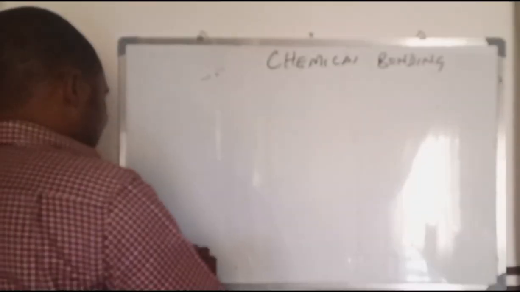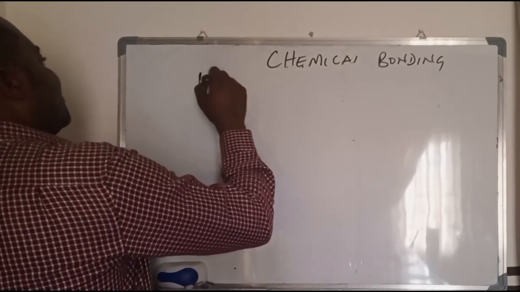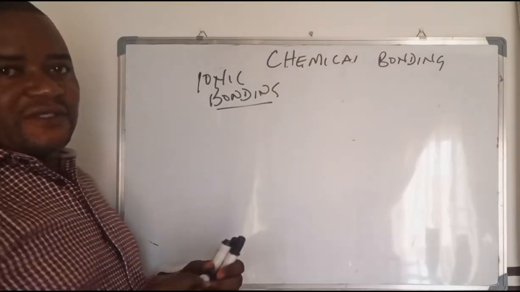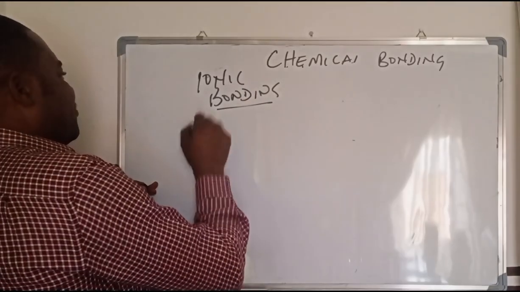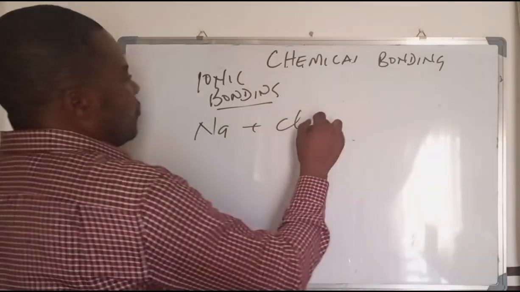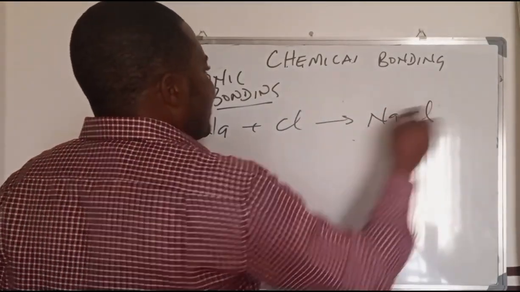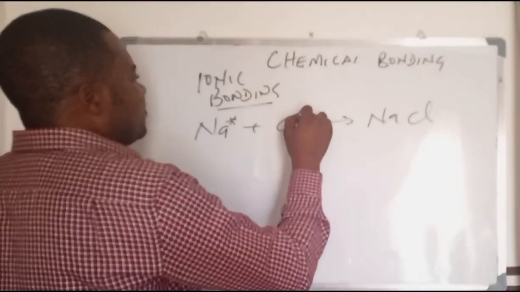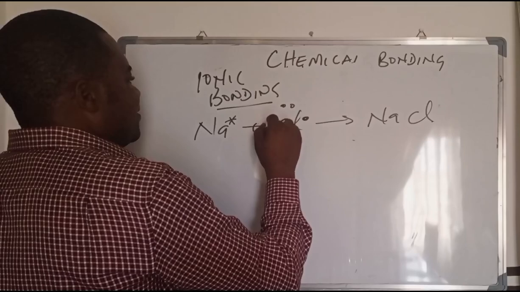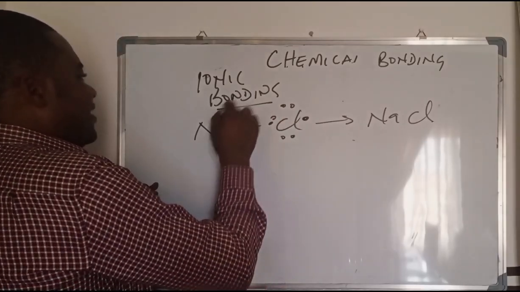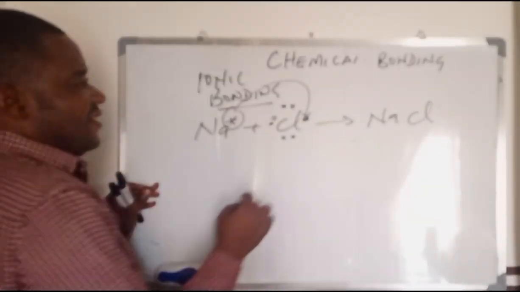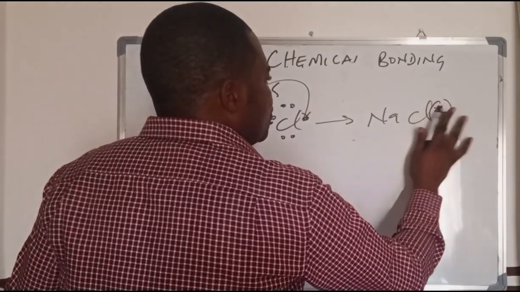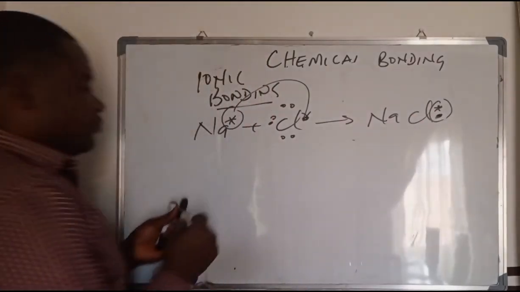Now for ionic bonding, it is important for us to know that if we are bonding sodium plus chlorine to give us sodium chloride, there have to be an electron here that is going to bond with this other electron to give us a stable compound.